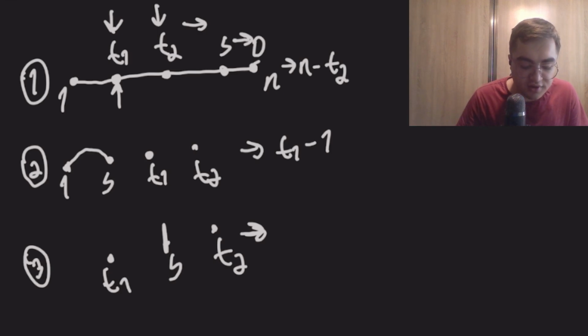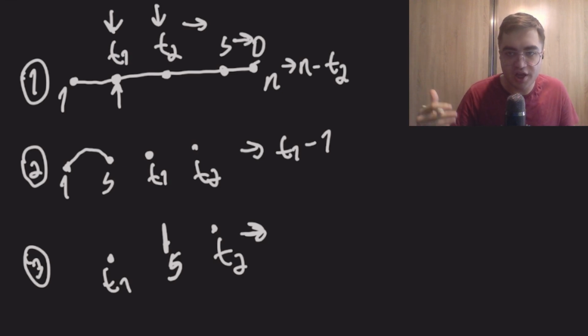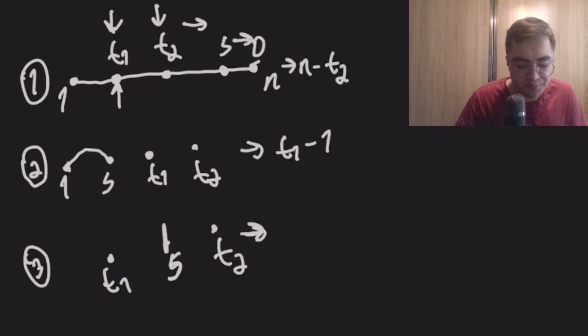Now, if the student is in between them, the student needs to always go to this middle cell and just wait there. Obviously, since the student is in between the teachers, the student can always reach the middle cell before any of the teachers. And why is this optimal?